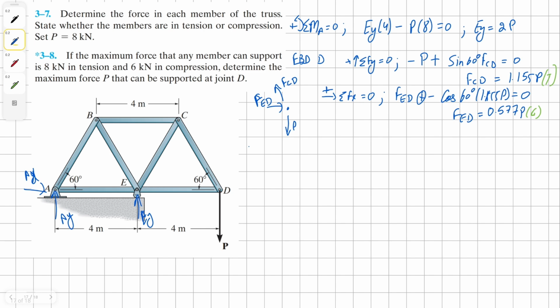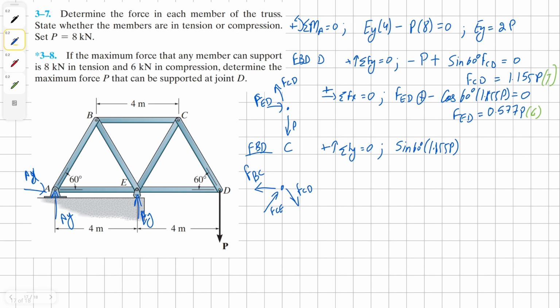Now we proceed to our next joint, C. At C, we have force ED, unknown force BC, and another unknown diagonal force CE. Let's sum the forces in y direction once again. We're going to have sine 60 degrees times force CD, which is 1.155P.